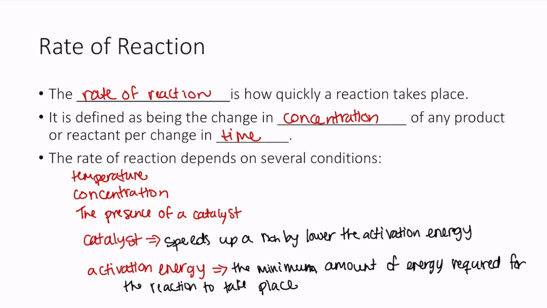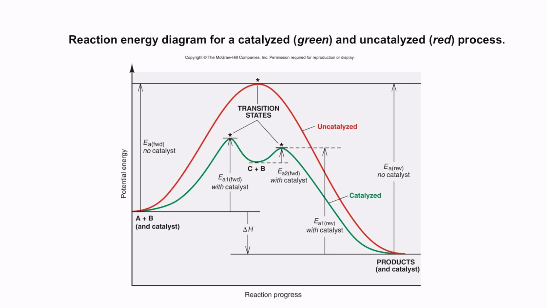So remember, not only must two molecules collide, they must collide with the proper orientation and they have to collide with enough energy. And that energy is the minimum amount of energy needed to result in the effective collision. And that is called the activation energy. We have energy diagrams that show this.